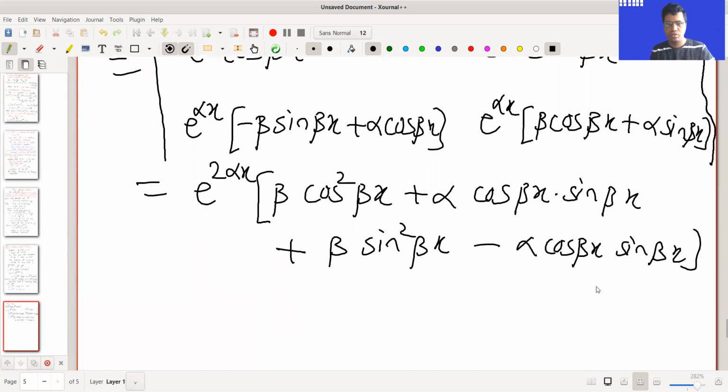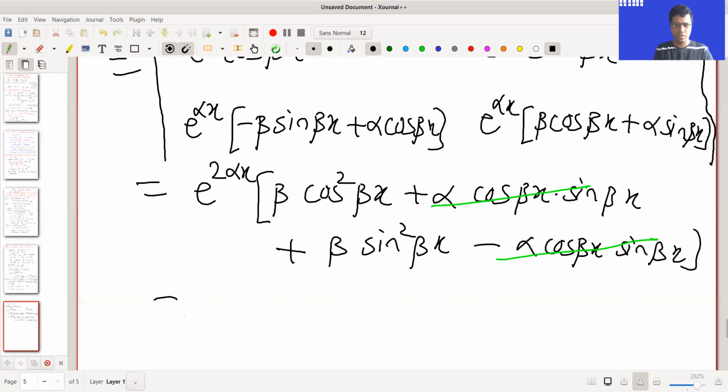So this term gets cancelled. Okay, and beta cos square beta x plus beta sin square beta x is beta only. Cos square beta x plus sin square beta x is 1.